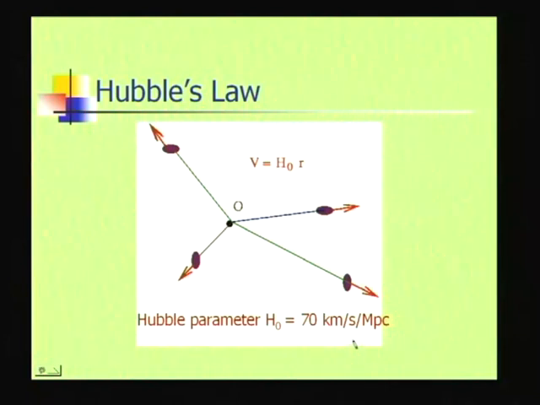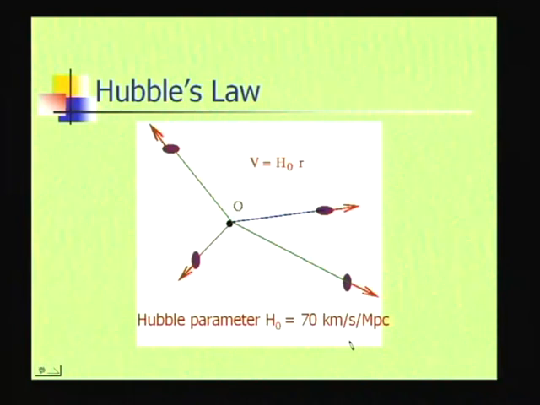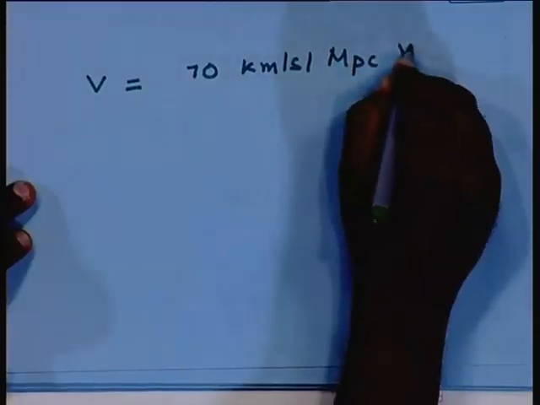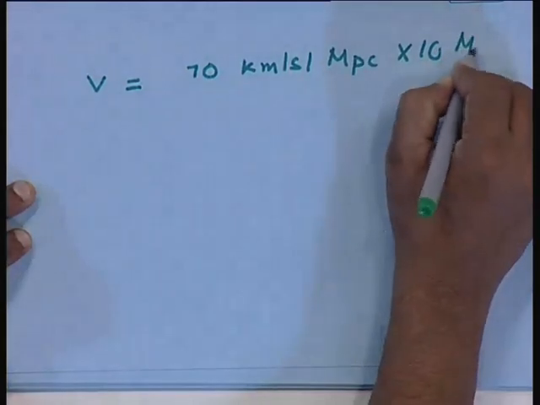So, if we see a galaxy at a distance of 10 megaparsec, we expect it to be moving away from us with a speed v equal to H naught, which is 70 kilometers per second per megaparsec, times 10 megaparsec.